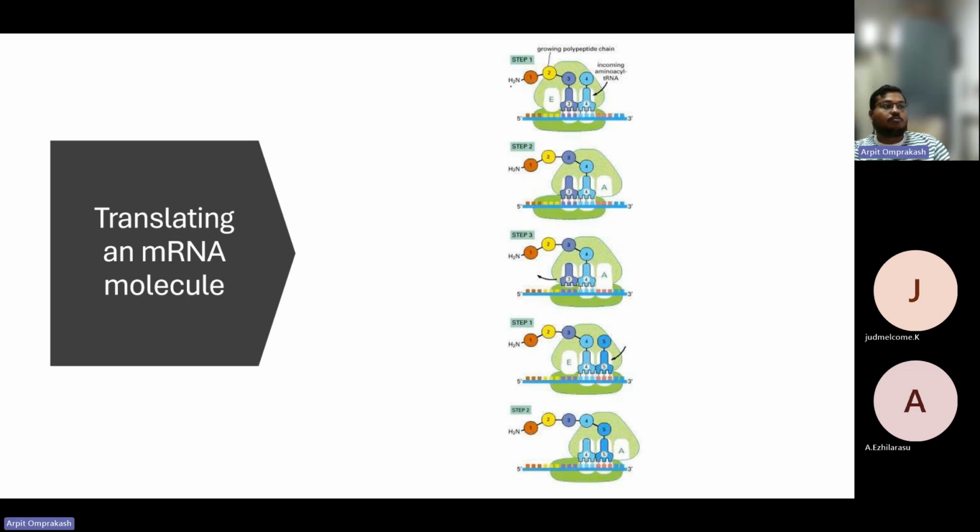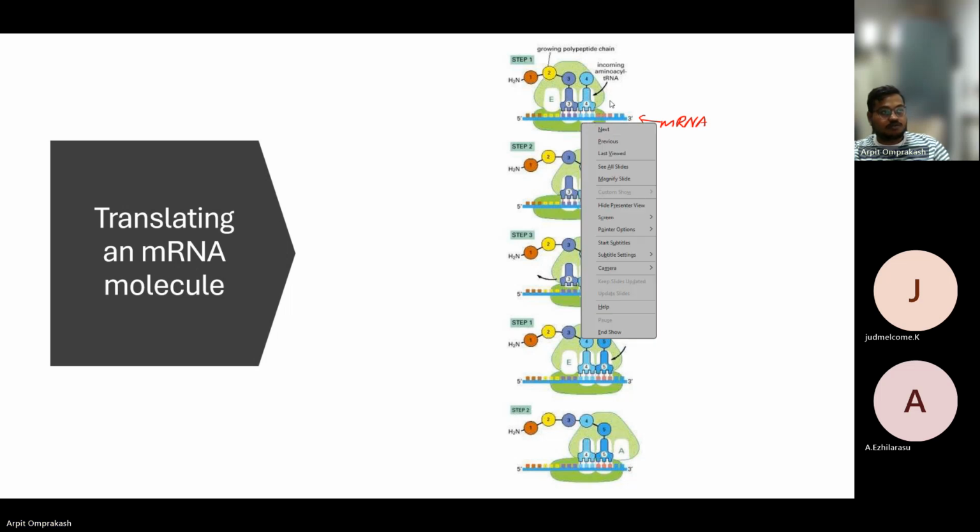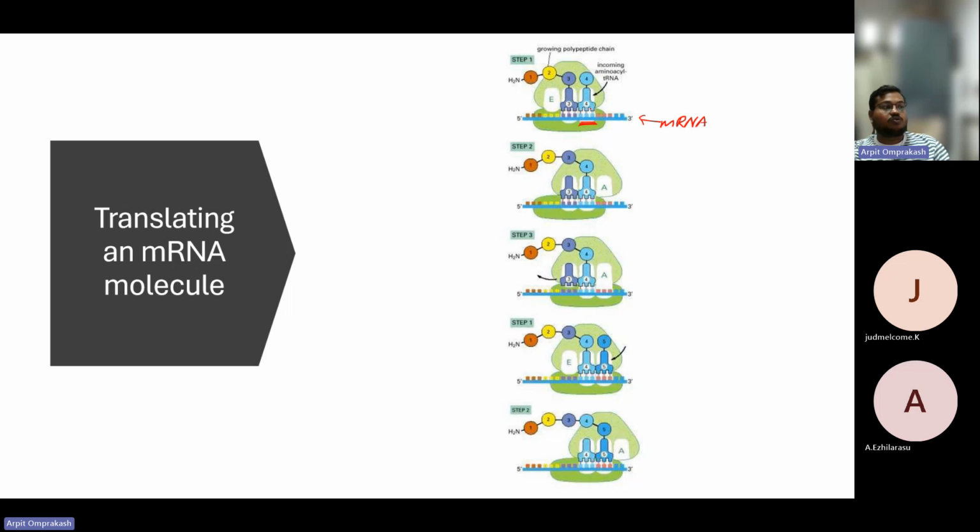So you have a polypeptide chain that is growing. You have an mRNA strand, or messenger RNA, that is here. Then you have the binding of this ribosome. Then what happens? Based on this code that is present here, you have a complementary anticodon that is binding here, bringing in another amino acid.